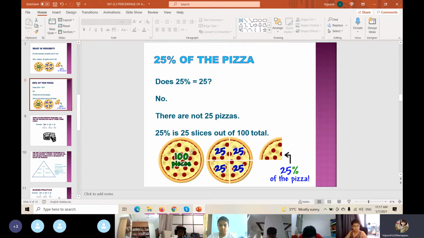Understand or not? There is 1 pizza in total, but the pieces are 100. They are taking out 25 percent, meaning it's not 25 pizzas, it's 25 slices of the 100 pieces. Understand or not? Try to understand what percentage is.